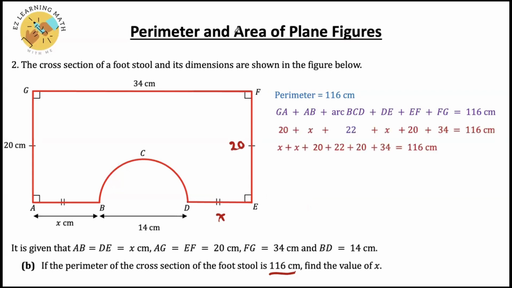Now let's combine the like terms together. x plus x is 2x, and 20 plus 22 plus 20 plus 34 equals 96. And then we subtract 96 from both sides. It is 20, and then we divide both sides by 2. So x is equal to 10 centimeter.